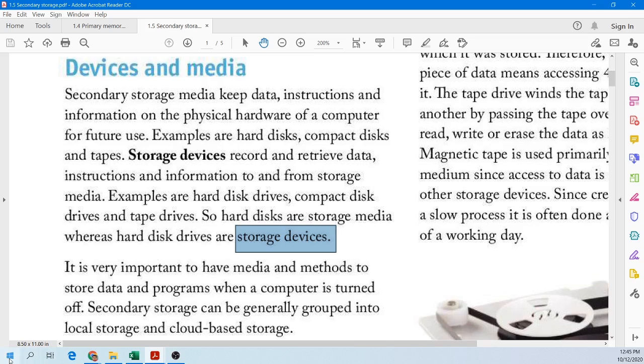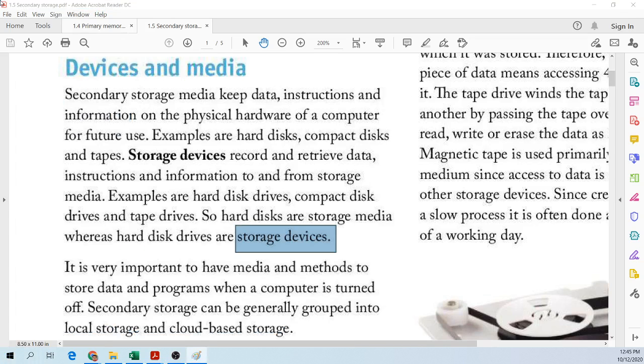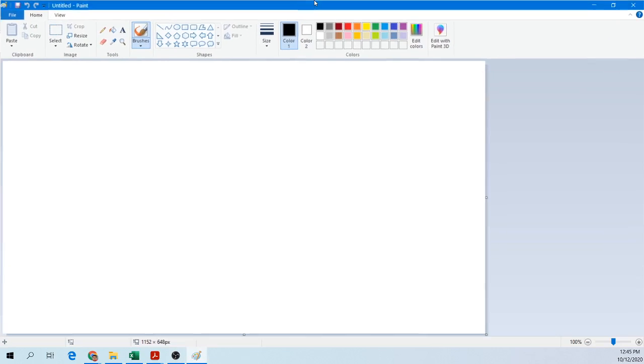So if you were to draw a diagram to represent that, it would look something like this. When you have your CD or your DVD, in order for the computer or even your DVD player to read that media, you have to put it somewhere.